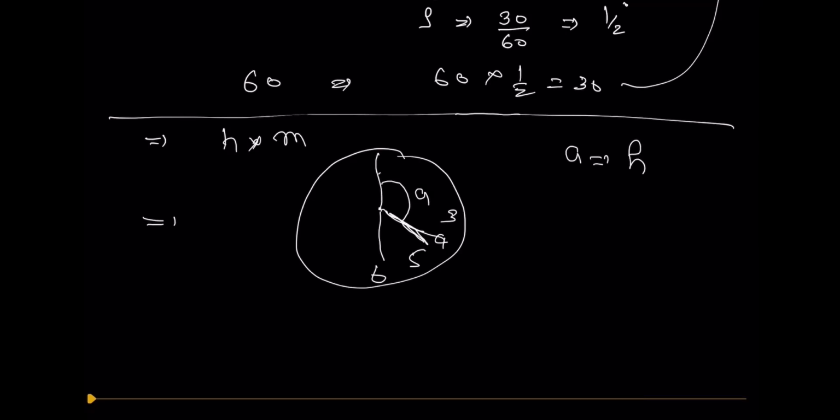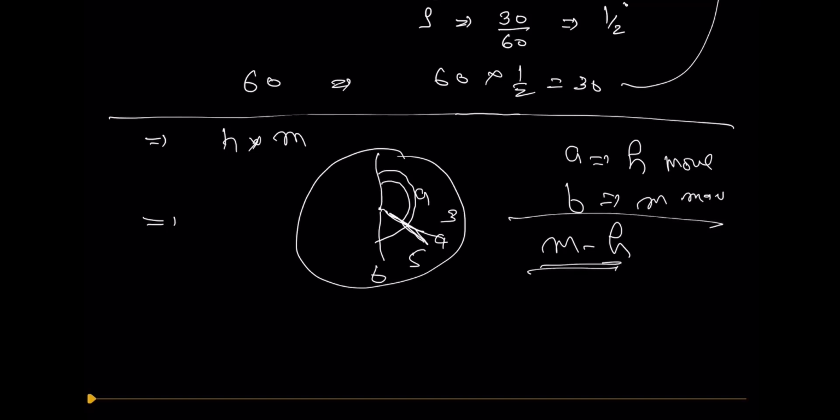Then we're going to calculate B, how much the minute needle has moved, and then we're going to subtract the hour angle from the minute angle. It is also possible that the minute needle is forward and the hour needle is backward. In that case, this answer will be negative, and you can just ignore the negative sign. It's like the hour needle is somewhere here, the minute needle is somewhere here, so A will be bigger than B.